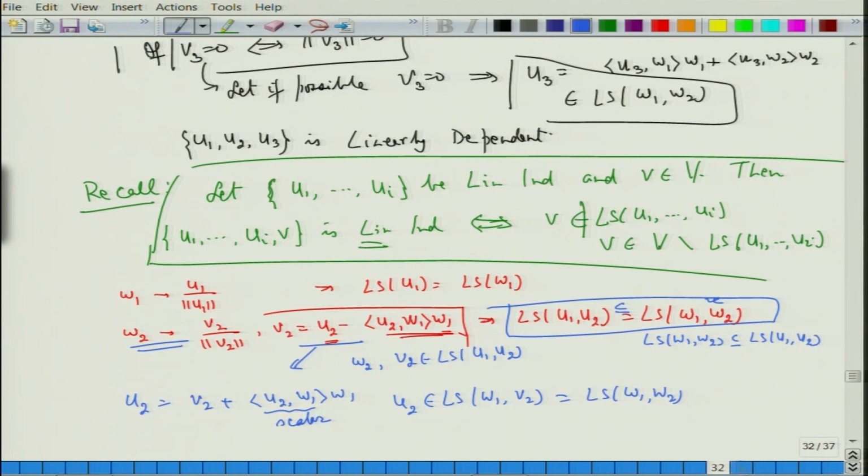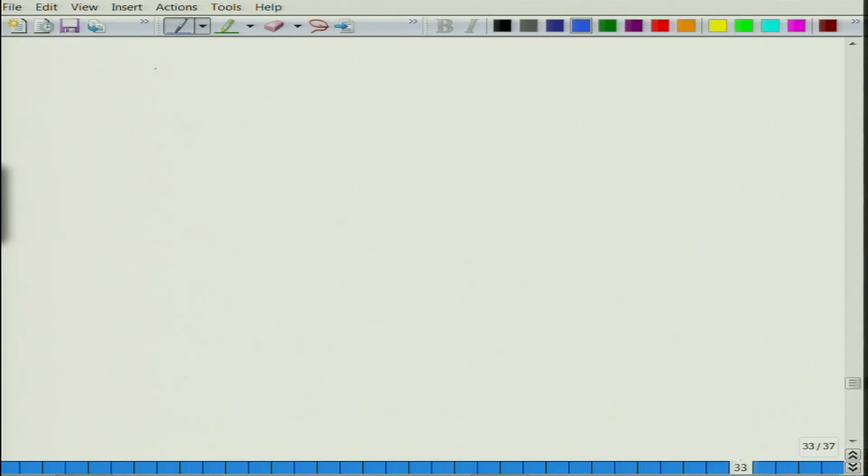So, what we have done here is we have shown that I am going from u1 to w1, the linear span of u1 is the same as the linear span of w1. u2 gives rise to v2, which gives rise to w2. I get LS of u1, u2 is equal to LS of w1, w2.